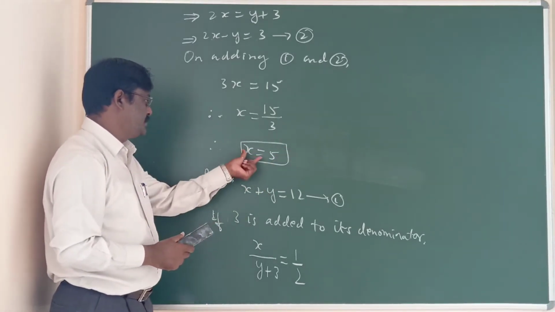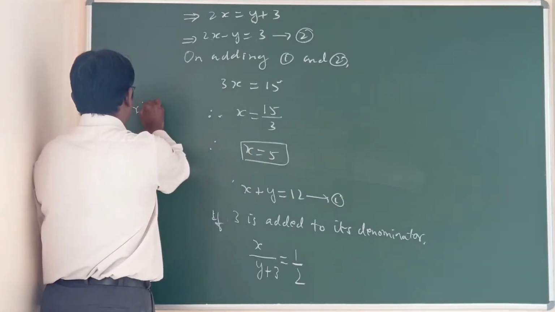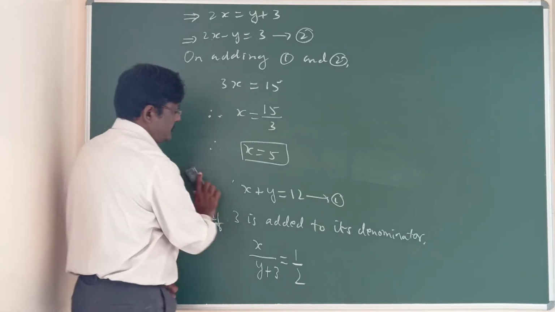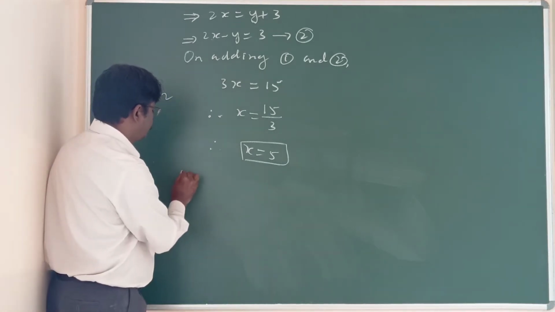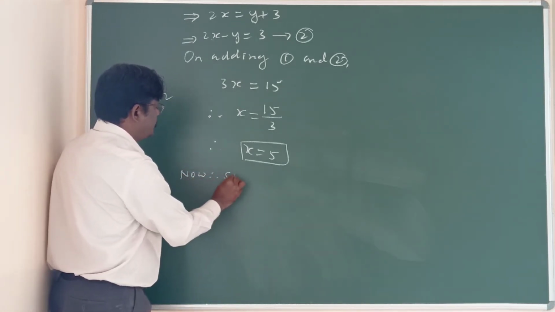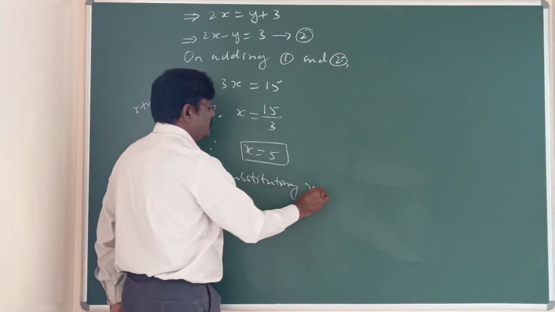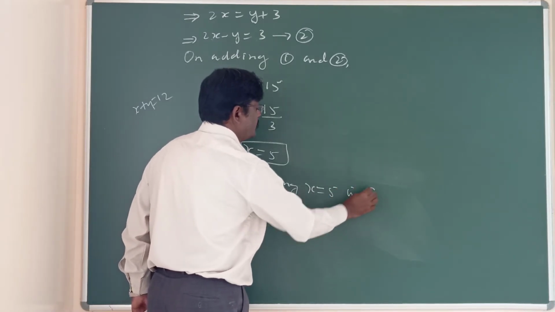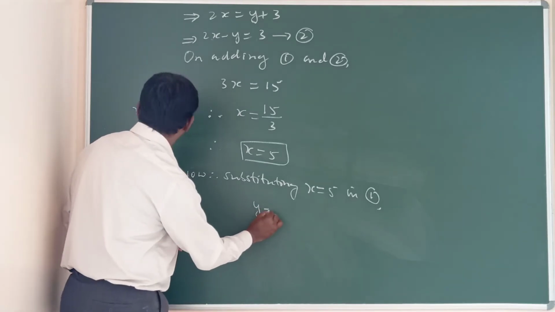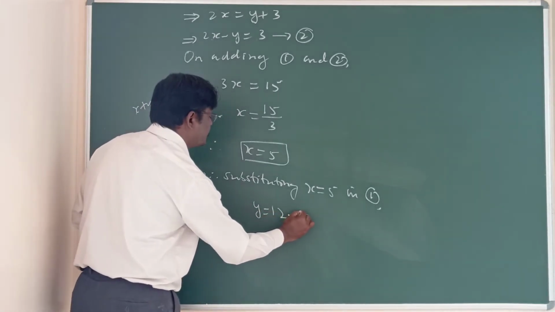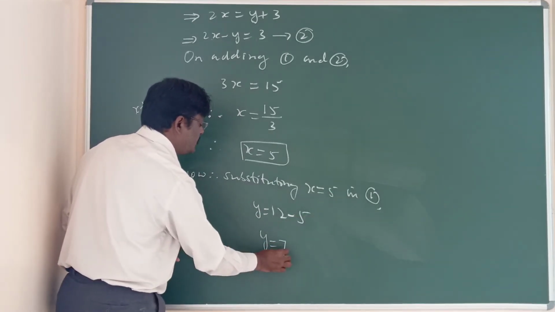Now by substituting the value of x in 1, equation 1 is x plus y equal to 12. Substituting x equal to 5 in 1, y equal to 12 minus x, that means 12 minus 5, hence y becomes 7.